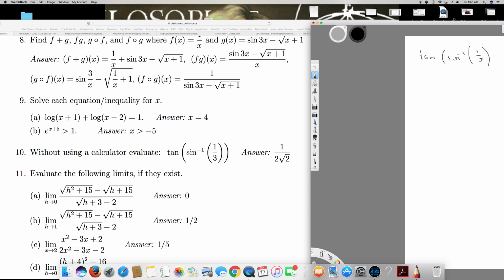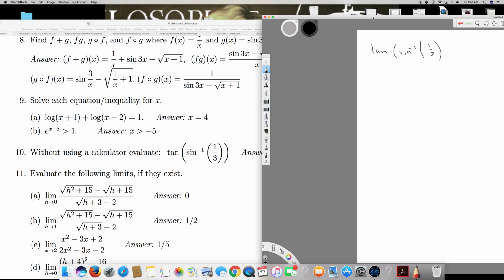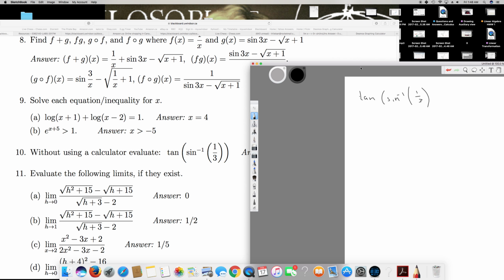So tan is sine over cos. So it's going to be sine of sine inverse 1 over 3, and sine of sine inverse 1 over 3 is 1 over 3, and cos of sine inverse 1 over 3 is... Let's see.